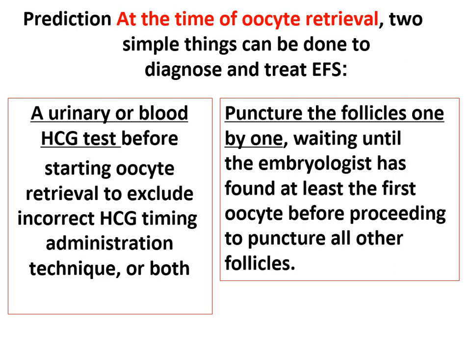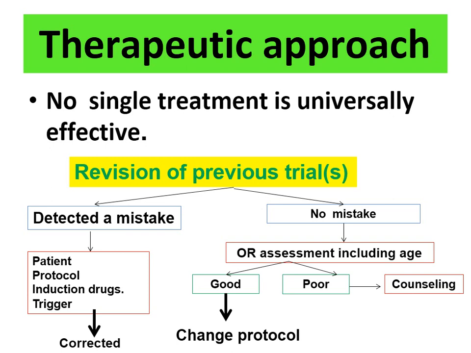And you may make puncture of the follicles one by one, waiting until the embryologist tells you that he found at least one oocyte before proceeding to puncture the other follicles. So don't be in a hurry when you are aspirating the follicles, and don't complete the procedure in no time, because you have to wait for the answer from the adjacent lab telling you when you are in the OR.